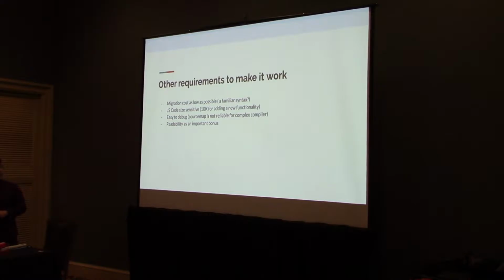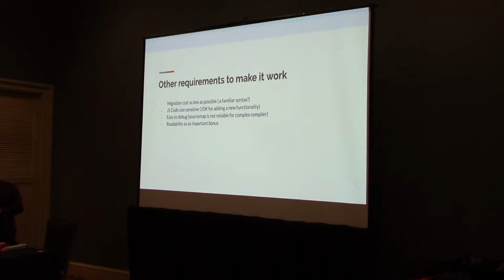And debuggability, because we are using a transpiler to compile OCaml to JavaScript. In the browser there's a technology called source map, which means you can map your host language OCaml to some extent to the compiled language JavaScript. But there are two things.